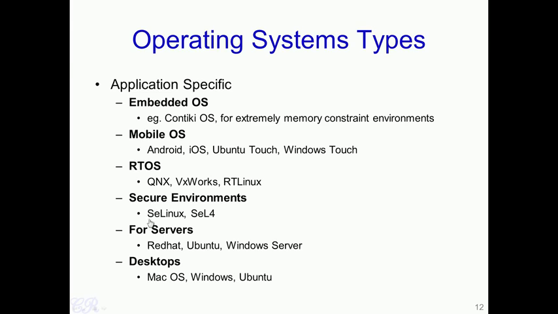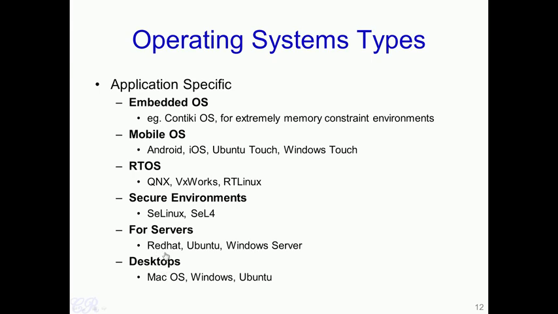Another classification of operating systems are those used in secure environments. Examples of these are SE Linux and SEL4. These operating systems are especially utilized for applications where security is extremely critical. These, for example, could be for web servers that host banking software and so on. The other classes of operating systems which you are quite familiar with are those used for servers and desktops.